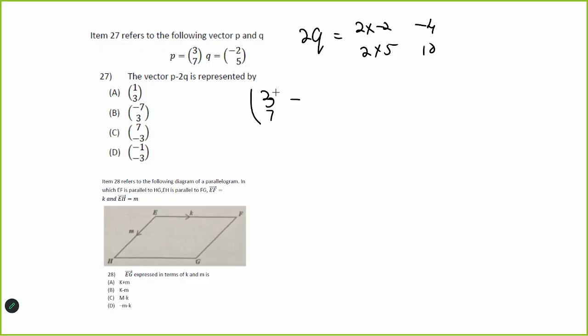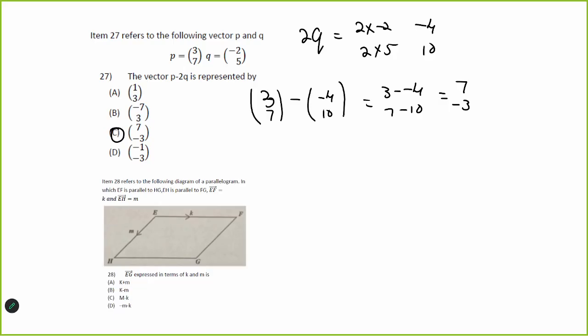So it will be (3, 7) minus (-4, 10). So that is 3 minus minus 4, which is 3 plus 4, which is 7. And then 7 minus 10 is negative 3. So it is (7, -3), which is C, the answer.